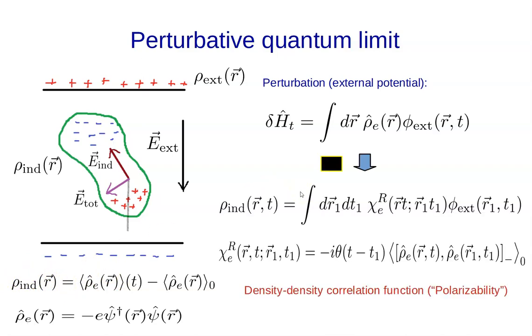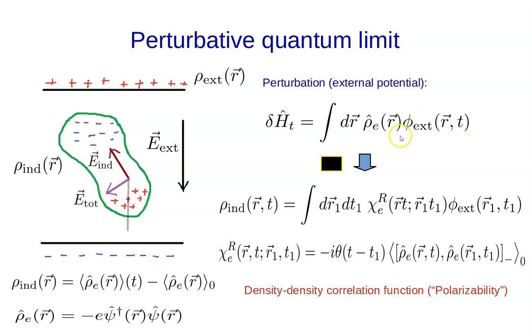So the question that we want is, what is the response of this induced charge, or the expected value of the density at a given time t minus the equilibrium value, given that I'm applying this particular field here.